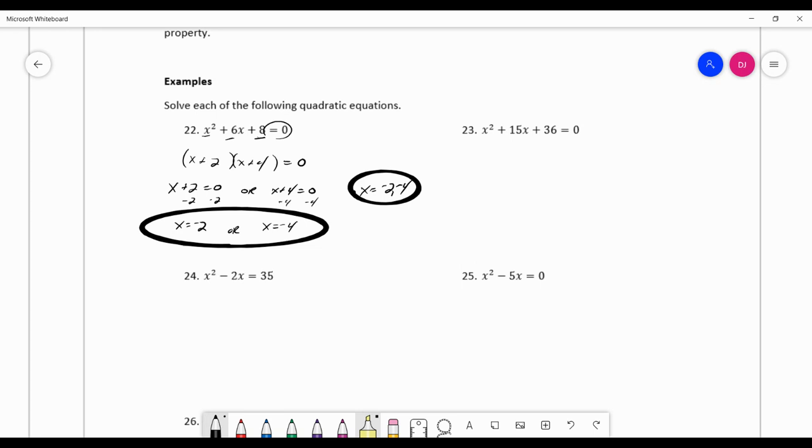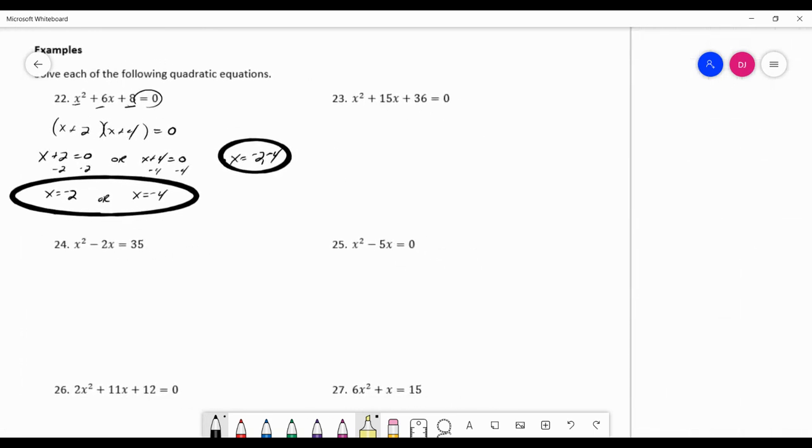Okay? So number 23, I'm going to factor this again. And again, this one looks familiar. What are the two factors, right? For x squared, I need an x times an x. If I multiply two numbers together and get 36 that add to 15, they were 3 and 12.